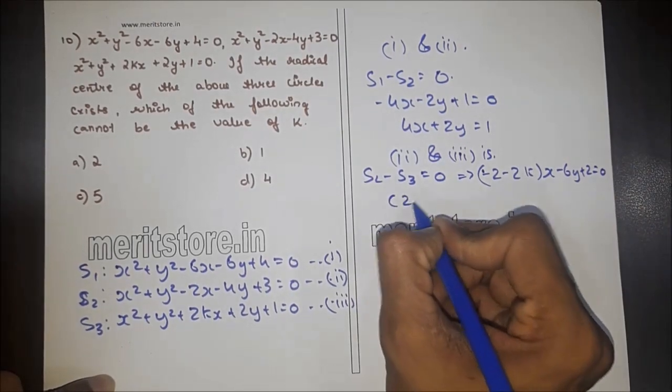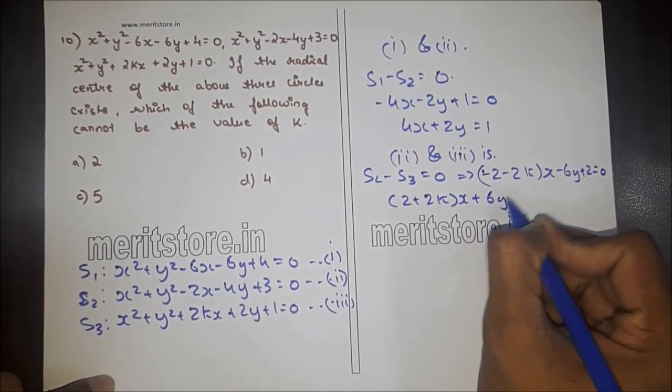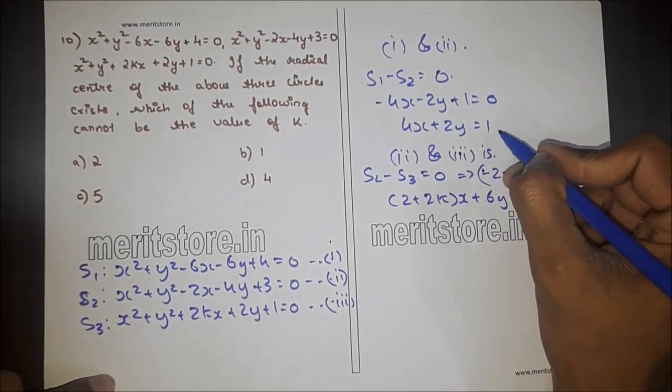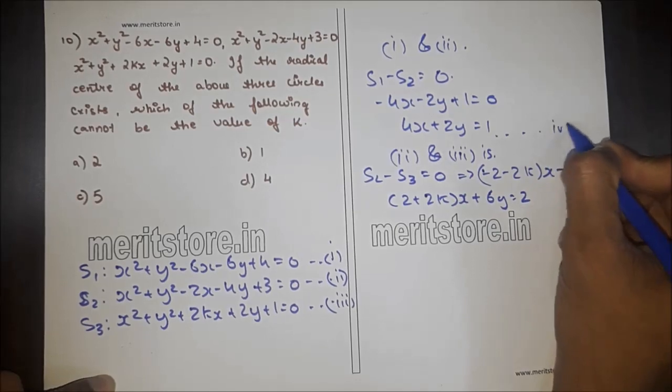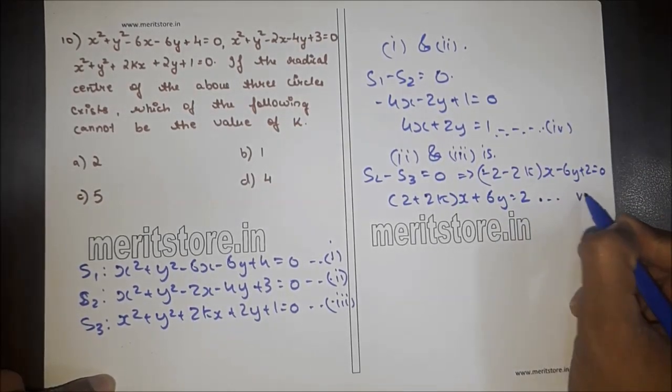We get this as 2 plus 2k x plus 6y equal to 2. We take this as equation 4 and this as equation 5.